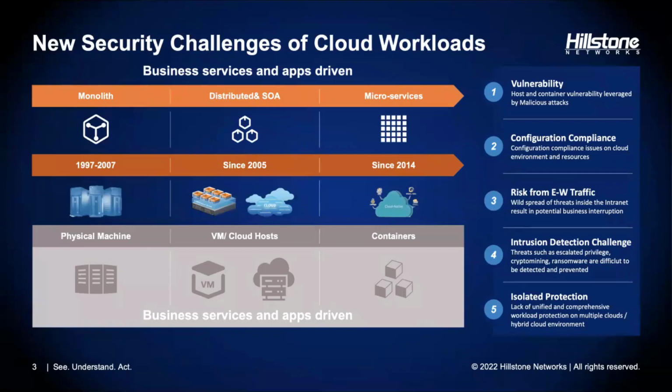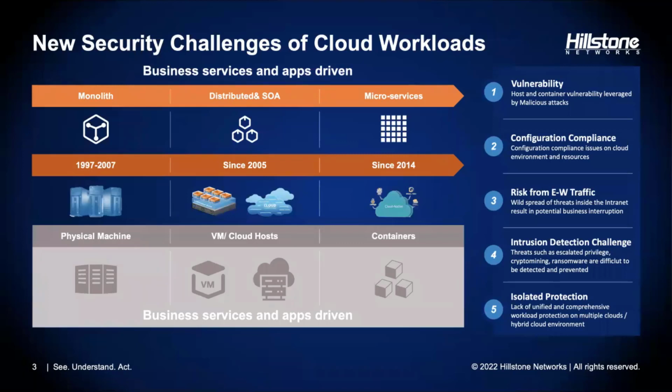We've segmented general challenges into 5 sections. First, there is a whole new set of vulnerabilities due to a whole new set of capabilities coming from innovation and technological advances in cloud workloads. Second, container configurations require a different set of compliance standards, making it more complex and more confusing when compared to other workloads.